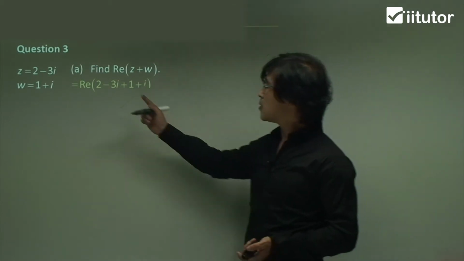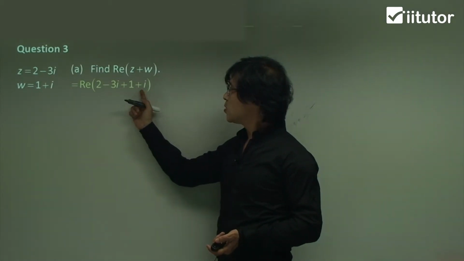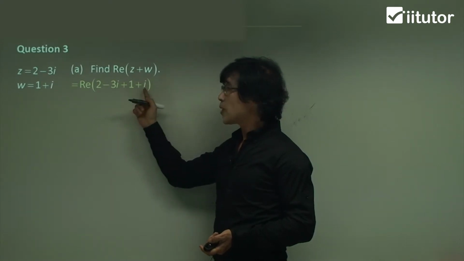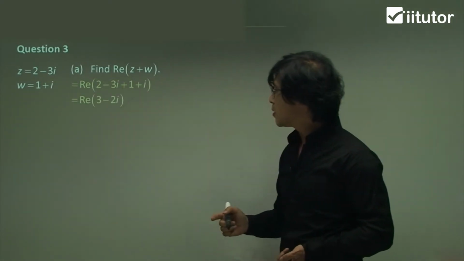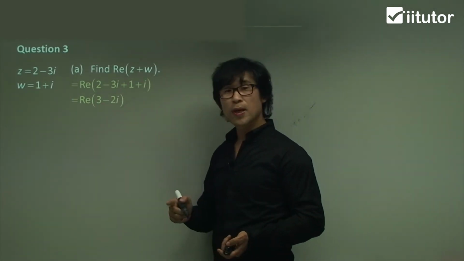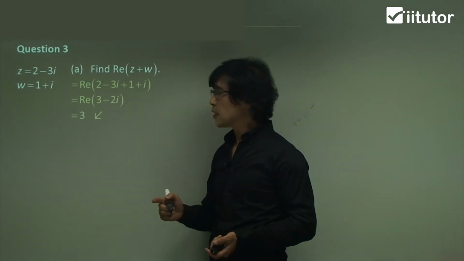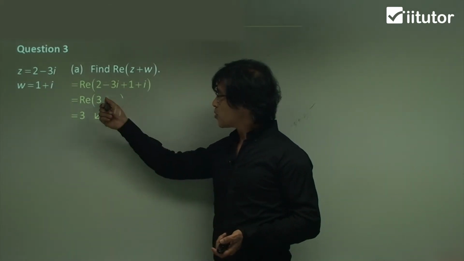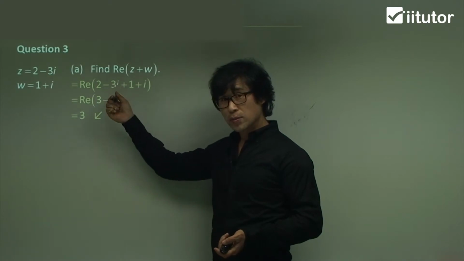Substitute. So 2 plus 1 is 3. Minus 3i plus i, which is negative 2i, like this. So what is the real part? 3 is the real part. Write it. That's how you do it. Too easy. Always try to consider which is the real part and which is the imaginary part.